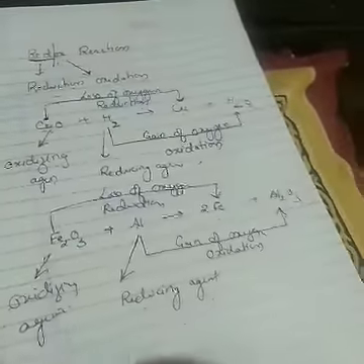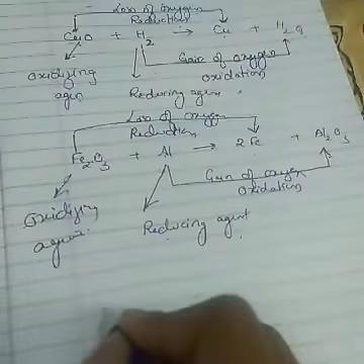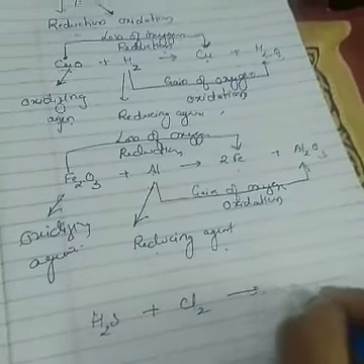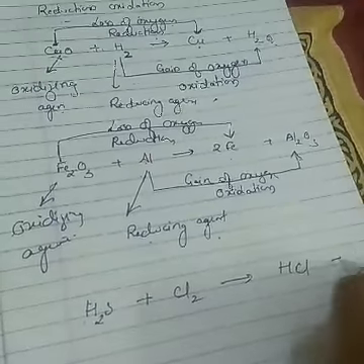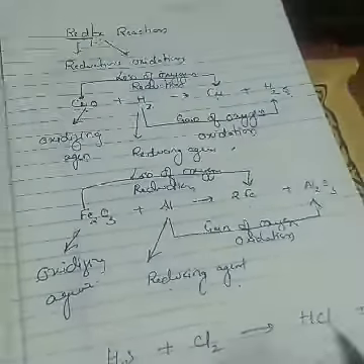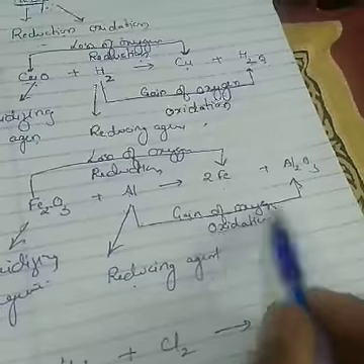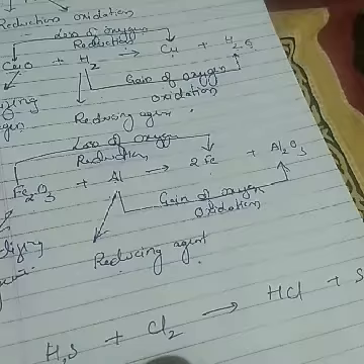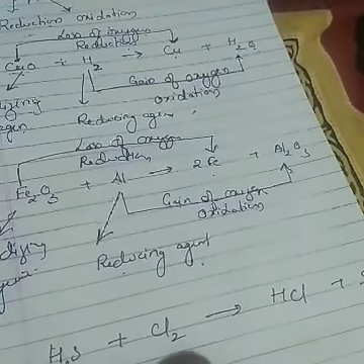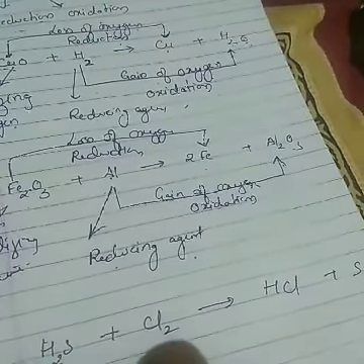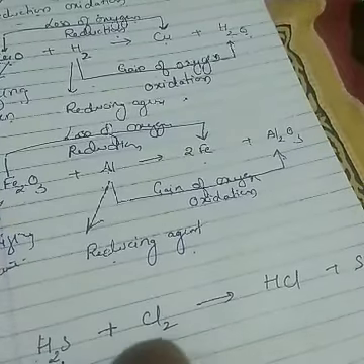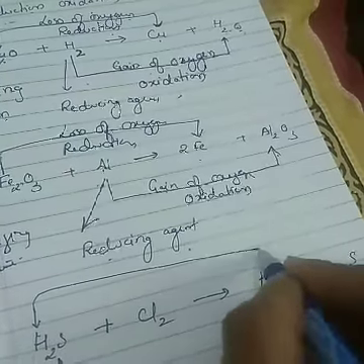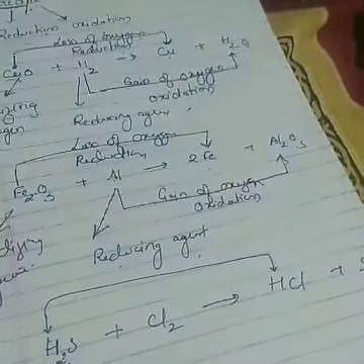One more example: hydrogen sulfide plus chlorine gas gives rise to hydrochloric acid plus sulfur. See, now H2S, hydrogen sulfide, has changed. I am indicating the arrow on hydrogen. Of the two hydrogens, one hydrogen has been lost.